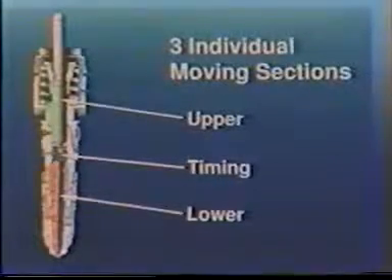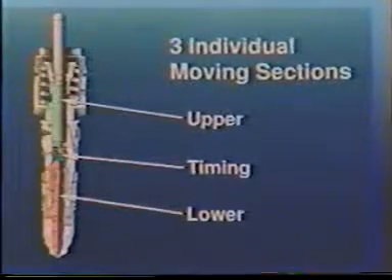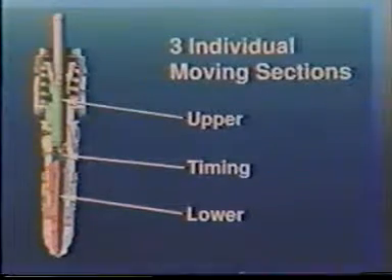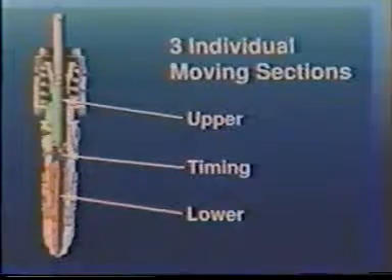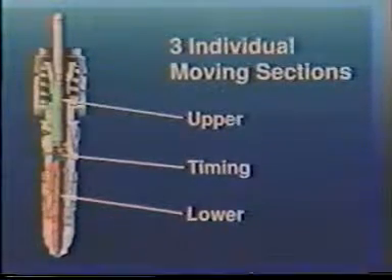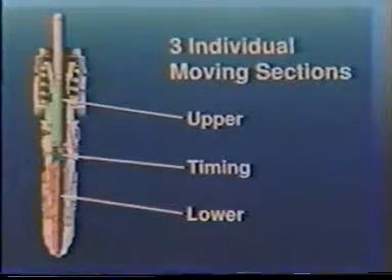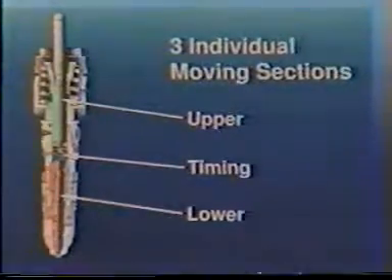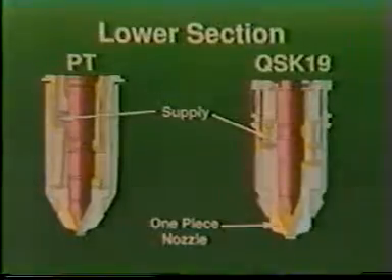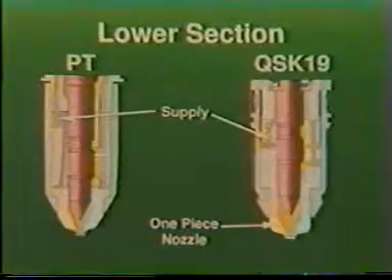The new injector has 3 individual moving sections: the lower plunger, the timing plunger, and the upper plunger. All of these plungers are coated with titanium nitride to resist scuffing wear and provide maximum service life. The lower part of the injector is very similar to the PT injector.